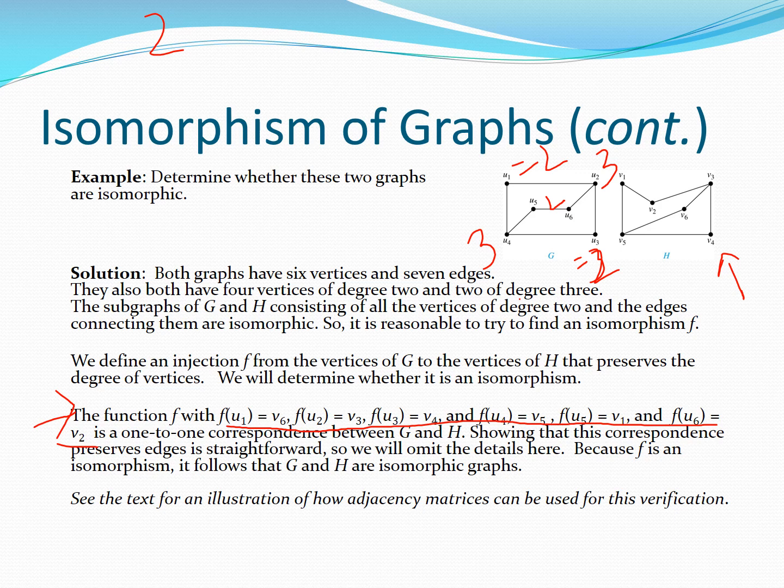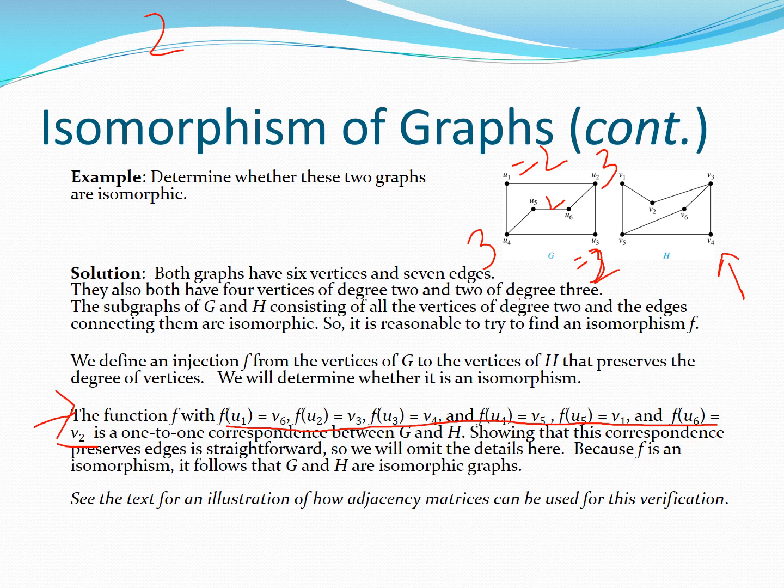If the degree list is the same, that means if you have two vertices with degree 2, two with degree 3, and two with degree 4 in both graphs, then it is definitely possible to find an isomorphism here. Then try to find a function that maps vertices from one graph to vertices of the other graph which have the same degree.